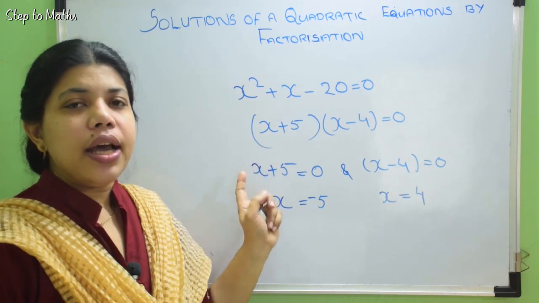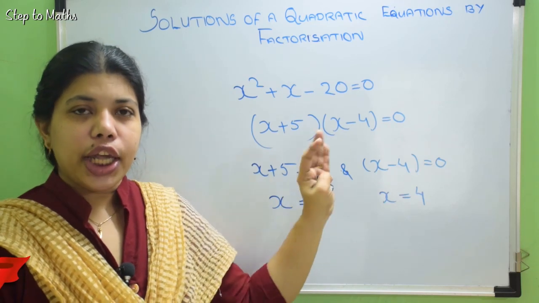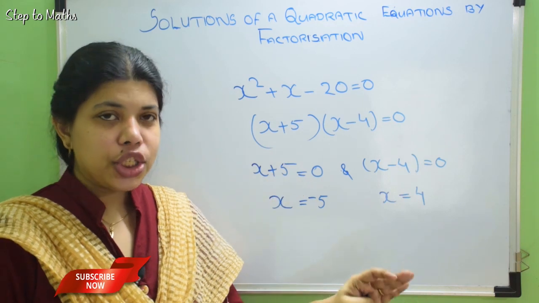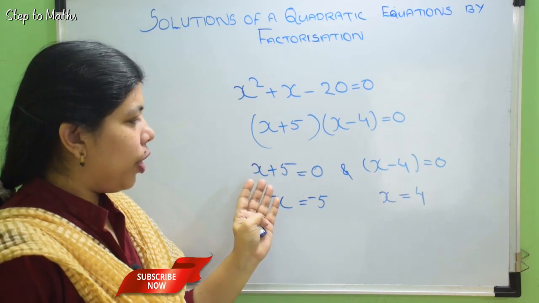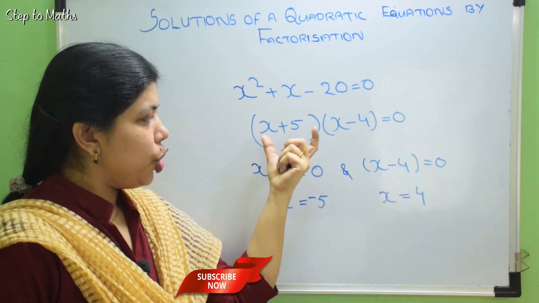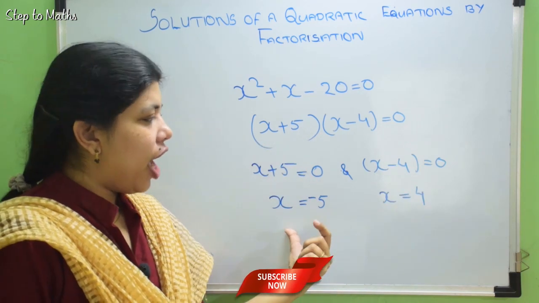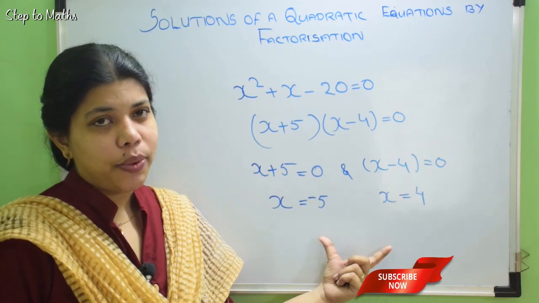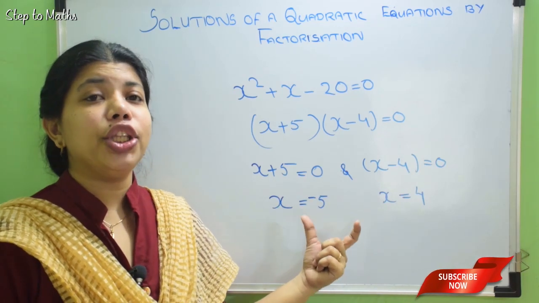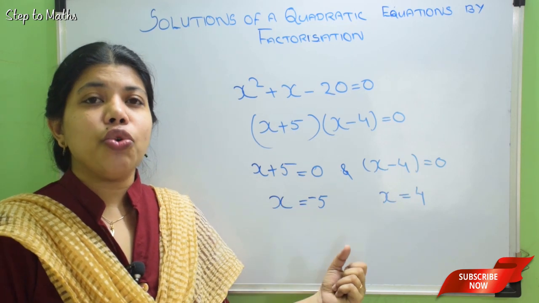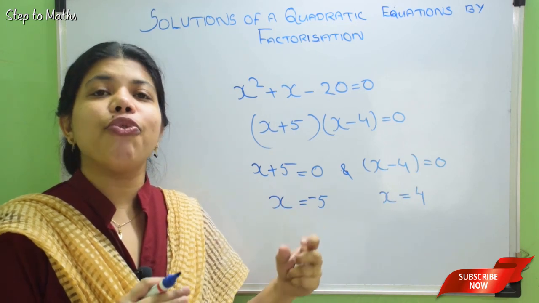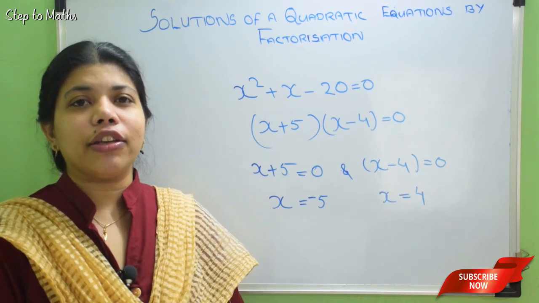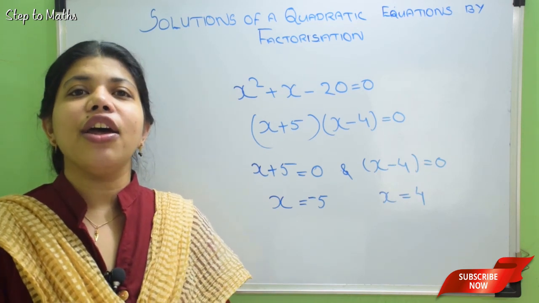We factorize the given quadratic equation, and according to the zero product principle, equate each factor to 0 and find the solution. This is the method of finding the solution of a quadratic equation by factorization: factorize, equate the factors to 0 and find the values.